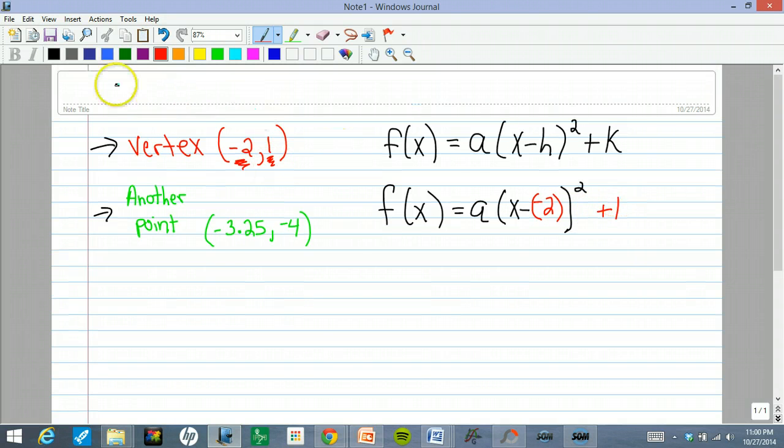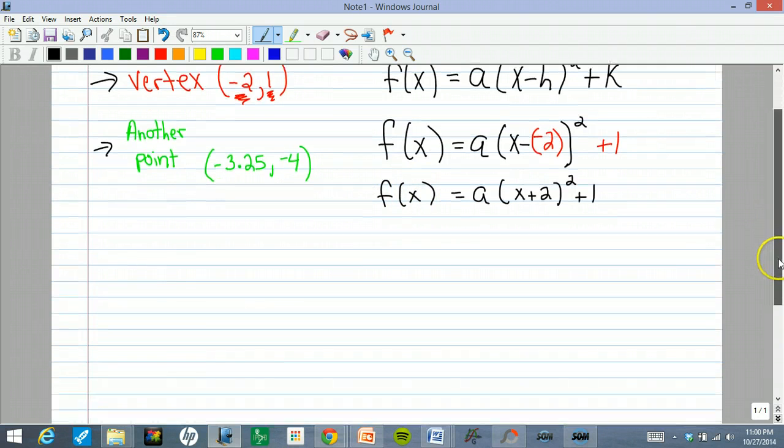So if I clean this up, x minus a negative 2 is simply x plus 2, squared, plus 1. Alright, that's pretty much half of it. The only other piece I need to find is my a value. And how I'm going to find the a value is through the use of another point.